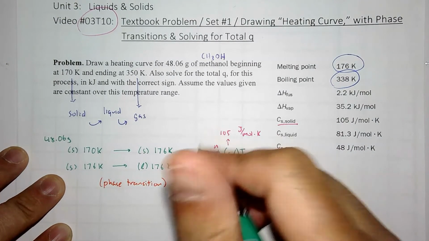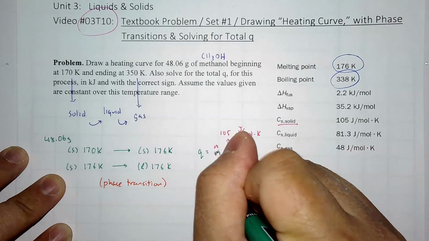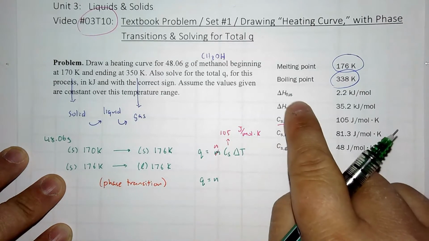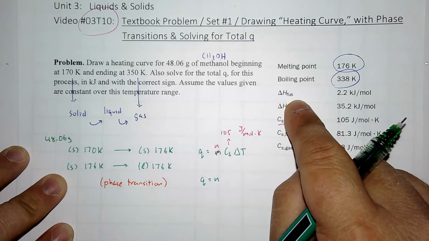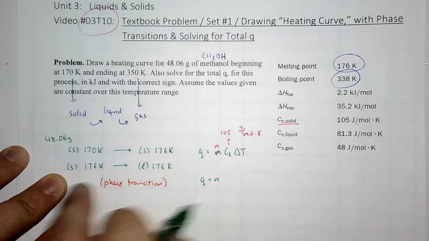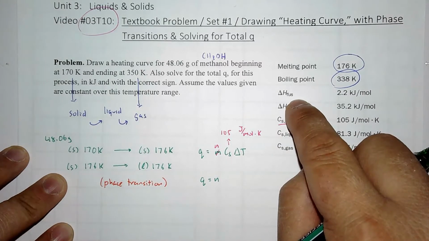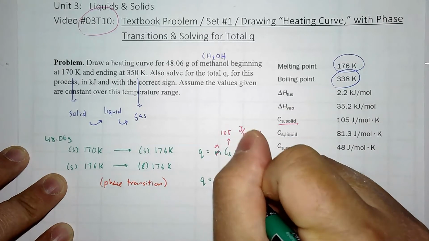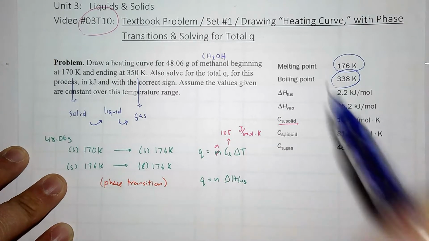This equation is Q equals, typically it's going to be moles now, times delta H. You have to pick: is it the delta H of fusion or the delta H of vaporization? We're going from solid to liquid, so that is the delta H of fusion. And the other thing is that we're going to keep it as positive.